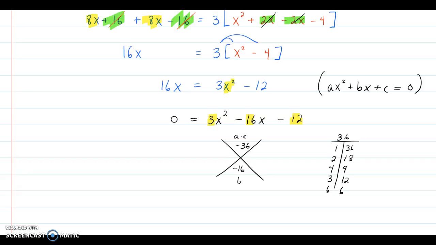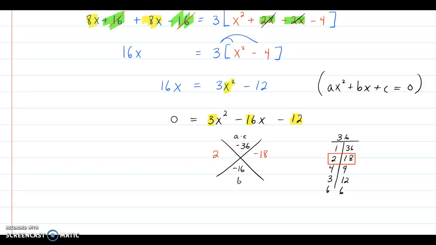From this list, which one can we get a 16 from? Hopefully you see it: we can get 16 from 2 and 18. In order for this to work out, the 18 has to be negative. So negative 18 plus 2 is negative 16, and negative 18 times 2 is negative 36, so that works out.